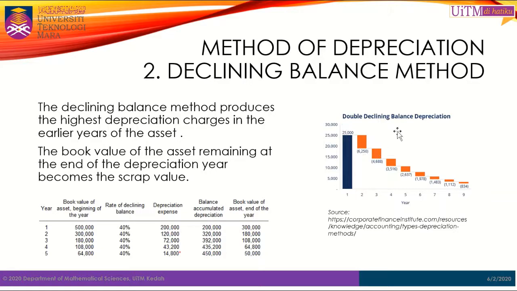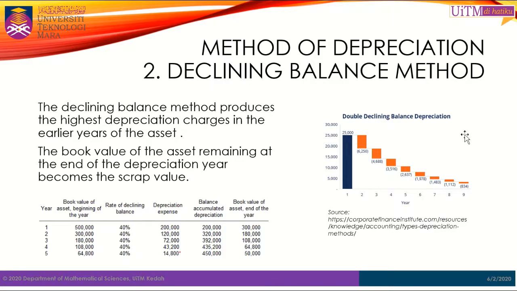The right hand side here, the diagram shows you the process of the declining balance method. You can see that for the first year the depreciation is 6,250. The second year it reduced a little bit because it has been based on the reduced values, so it becomes 4,688 and so on.